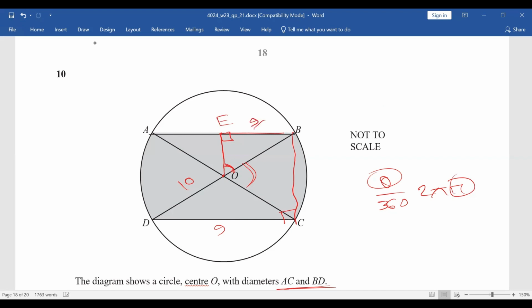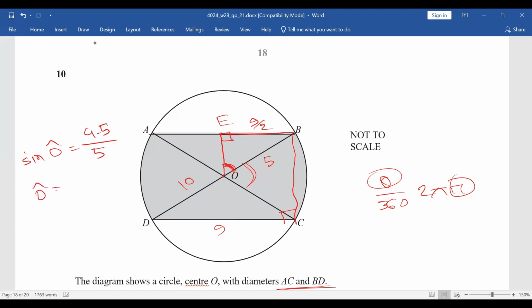So BE will be 9 by 2. And we know the value of OB, that is 5. So to find this angle, BE is opposite and BO is hypotenuse. So opposite by hypotenuse is sine. Angle O equals opposite by hypotenuse. Opposite is 9 by 2, that means 4.5, and hypotenuse is 5.